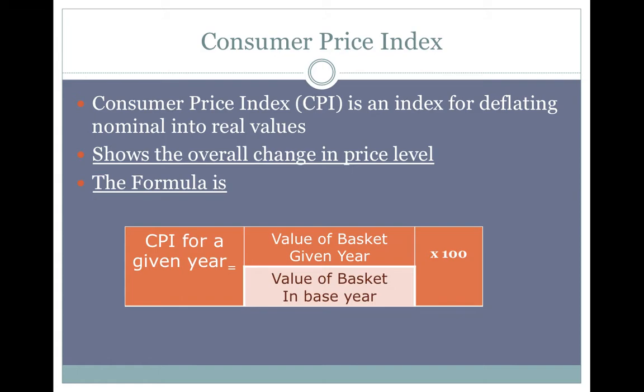So for example, if I take the value of several goods in 2015 and compare them to that same basket of goods in 2014, I divide the given year over the base year and then multiply it by 100, and I can see how much inflation has gone up. So you see the formula here. Let's go ahead and write that down. CPI for a given year equals value of a basket in a given year divided by value of the basket in the base year, times 100.